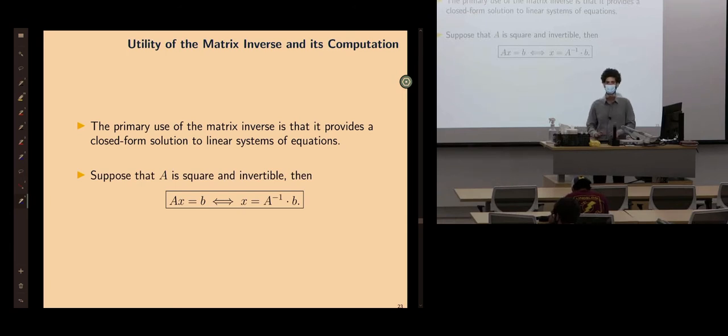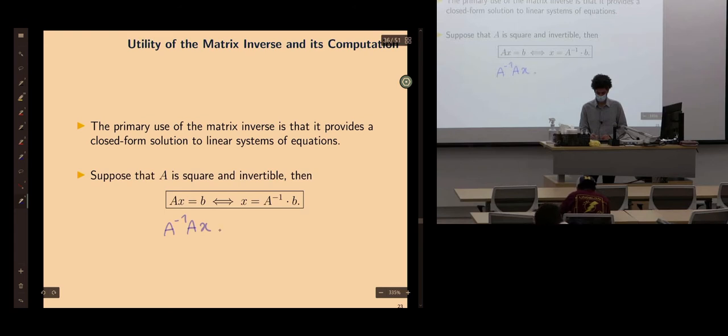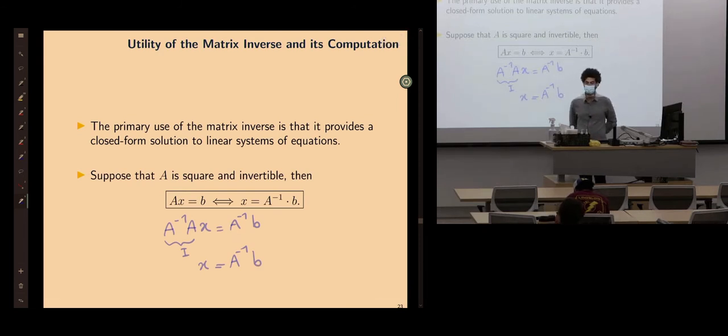By inverting A, I can multiply both sides from the left by A inverse, right? And I know this is the identity. Then I have X equals A inverse times B. Seems very straightforward to solve the problem.